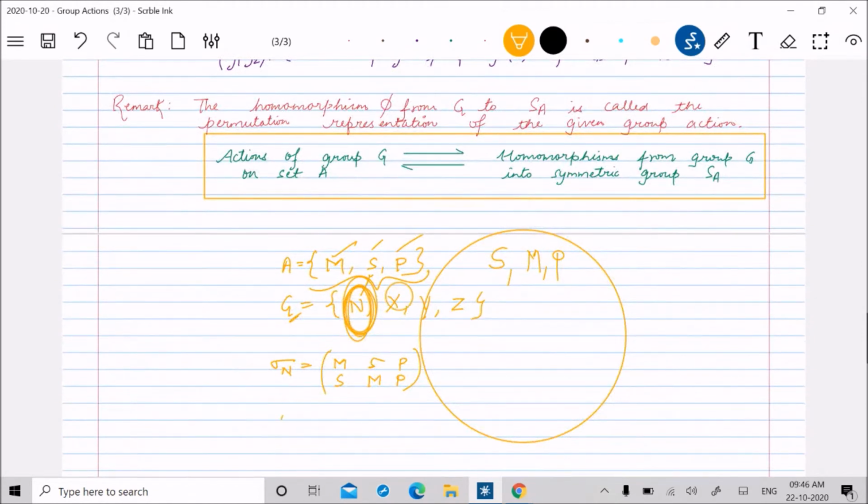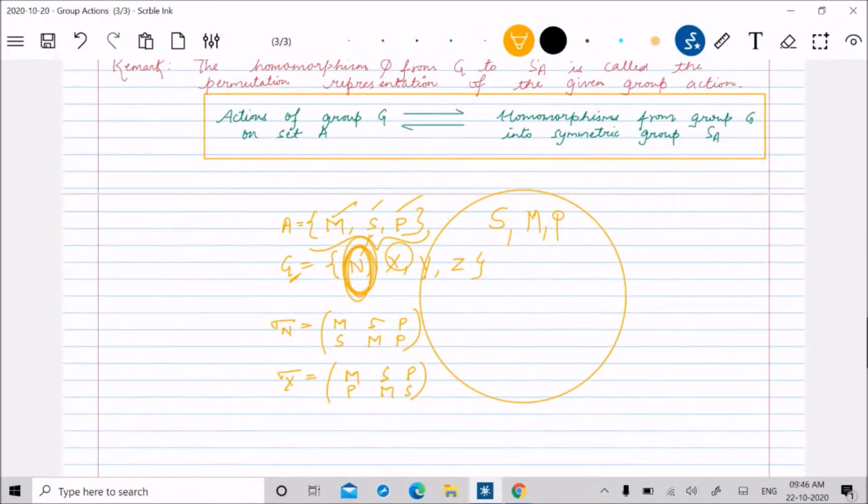Similarly, there will be some action by faculty X. Your original sequence was MSP, and when X entered your class, your sequence got disturbed. Maybe Priyanka gets the first position, and then Mridul here and Shreya here, right? So I'm asking you how many actions are possible. This is the first permutation, this is second.